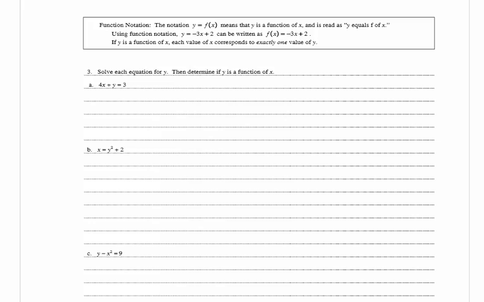And if y is a function of x, each value of x corresponds to exactly one value of y. In 3, the directions say solve each equation for y, then determine if y is a function of x. So in A, we have 4x + y = 3. If we solve this for y, we're going to subtract 4x from both sides, and we get y = -4x + 3.